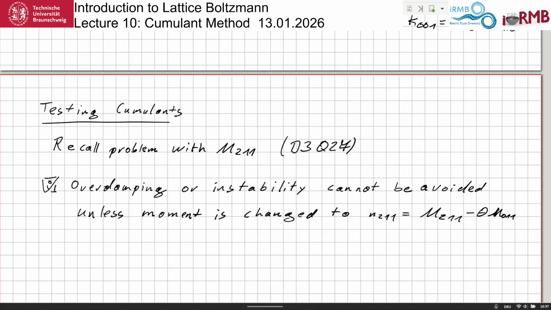Of course, what is also a possibility is to take all the relaxation rates the same, then you would also eliminate this dependency, but this is not what we want to do. So now, have cumulants solved this problem?